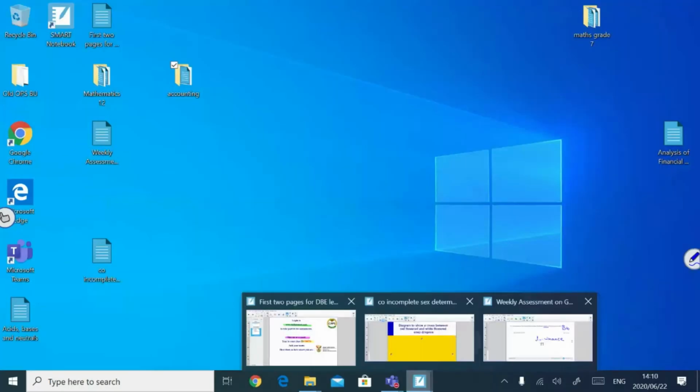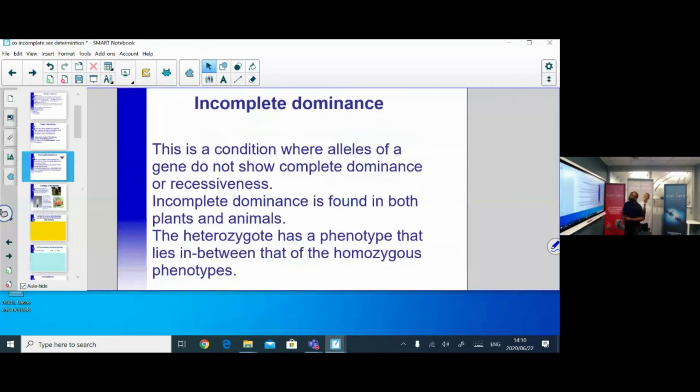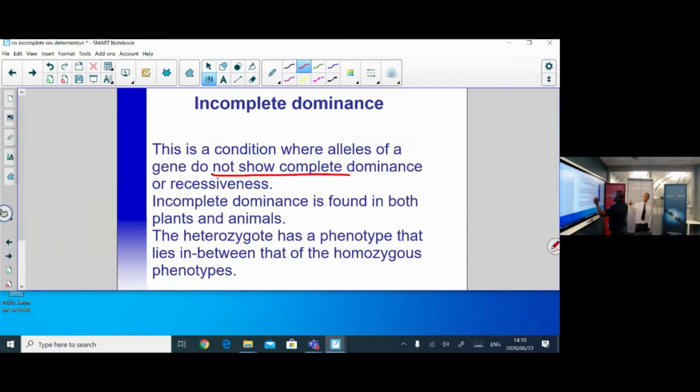We talked about codominance. We talked about incomplete dominance. Quickly, we said when it's an incomplete dominant situation, alleles of a gene do not show complete dominance over the other. Rather, the heterozygous condition, which is the offspring, is an in-between.